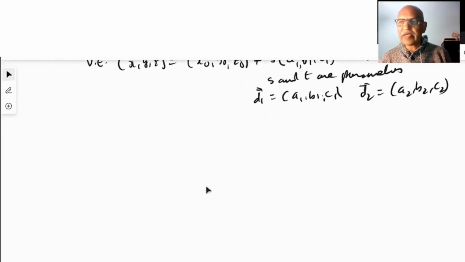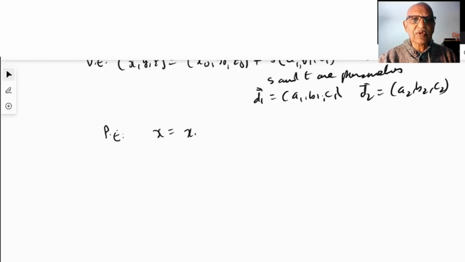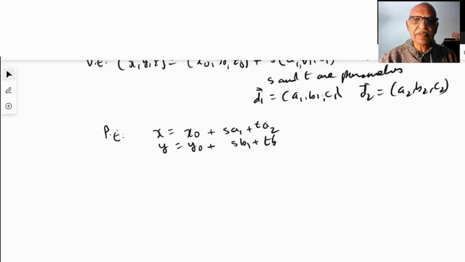The same way we can write the parametric equations of a plane. Parametric equations will be x equals x0 plus s a1 plus t a2, and y will be y0 plus s b1 plus t b2, and z equal to z0 plus s c1 plus t c2.